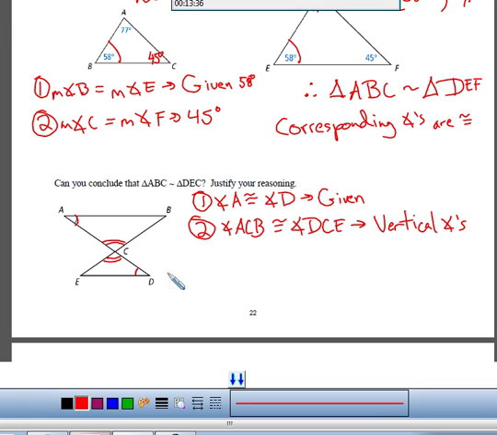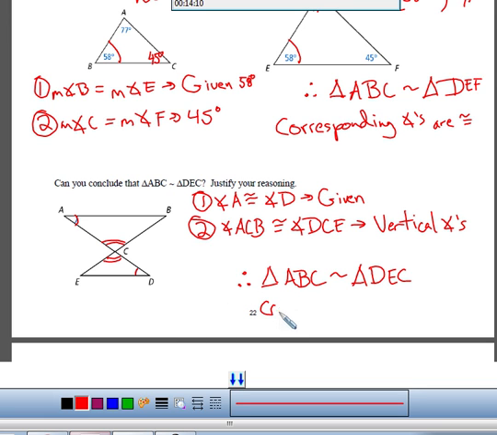Alright, so, therefore, triangle ABC, and this is important, the order that you write this, because they have to be corresponding, is similar to, remember, A goes with D, B then goes with E, and C obviously goes with C. So triangle ABC is similar to triangle DEC.